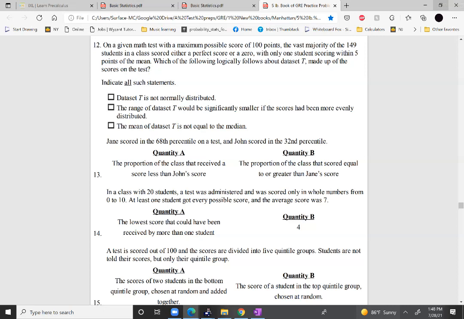Indicate all such statements. I know A is one of them. The mean is not equal to the median. I don't know if that's necessarily true. B, the range of data set T would be significantly smaller if scores had been more evenly distributed.